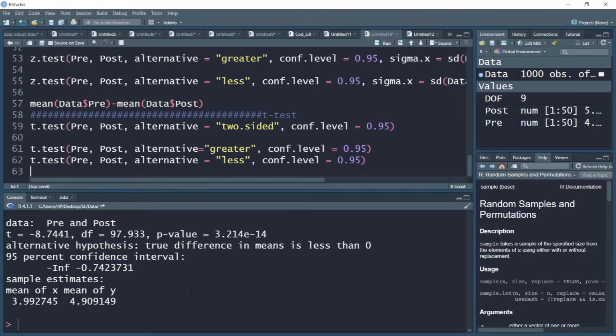Notice the t value is negative and very significant, which again conforms to our original hypothesis that pre is significantly lower than post. So this result is statistically significant, which is also confirmed by a very low p value, which indicates a very high level of significance. That means we can reject the null with a lot of confidence and we can make the inference that pre is significantly lower than post.